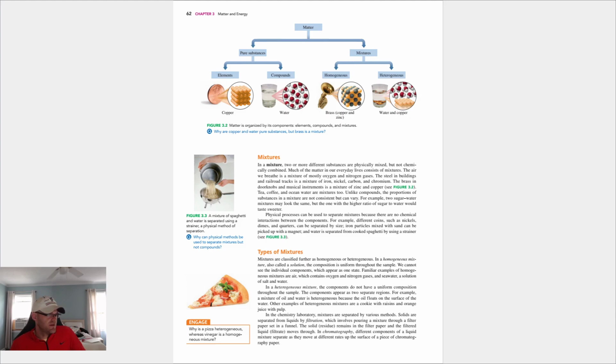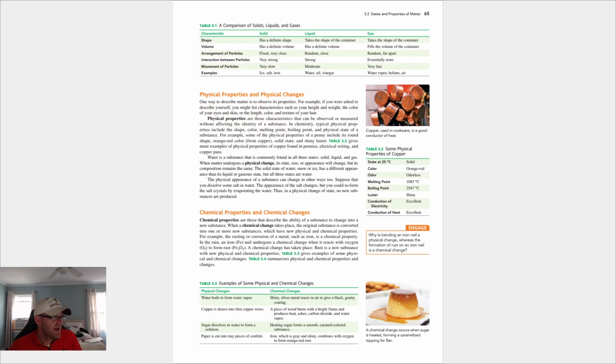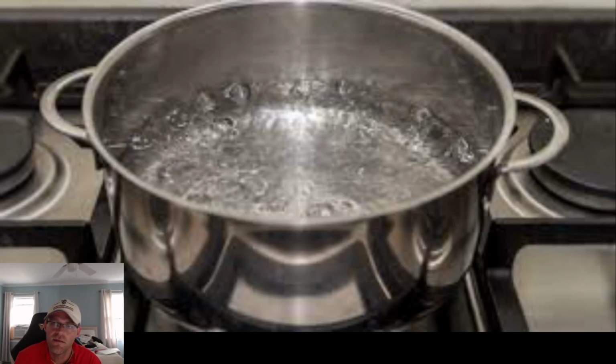All right, so let's keep moving. When we're talking about the states of matter, they can undergo changes, right? If I boil water, the liquid becomes a gas, okay?